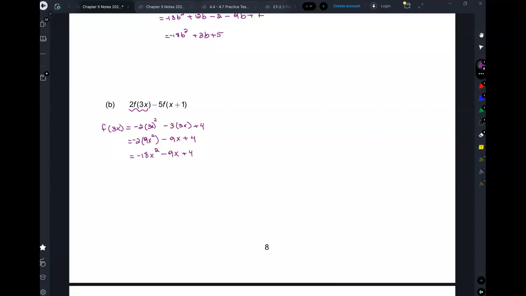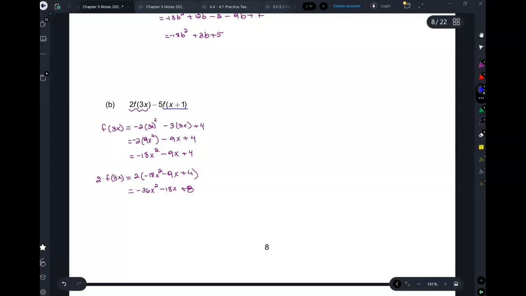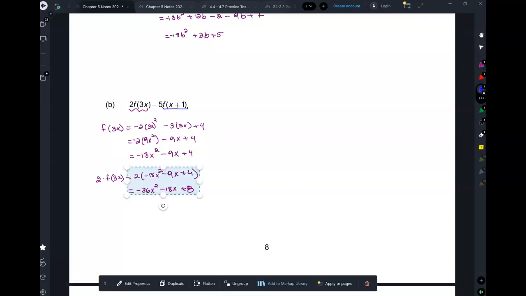Okay, but what the question calls for is 2 times f of 3x. 2 times f of 3x is 2 times all of this. So this is negative 36x squared minus 18x plus 8. Okay? So now, that's the first part. Now next, here I have f of x plus 1.